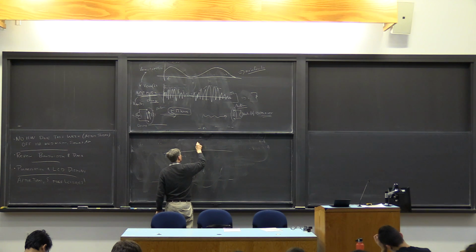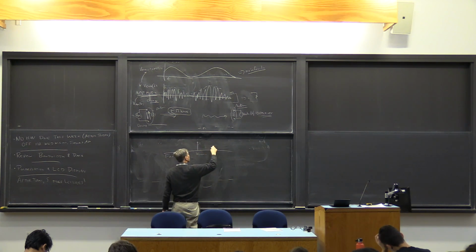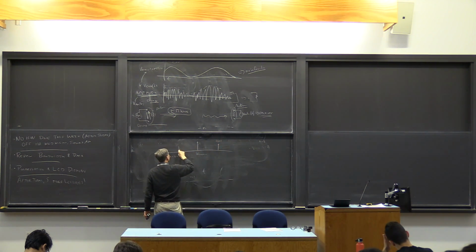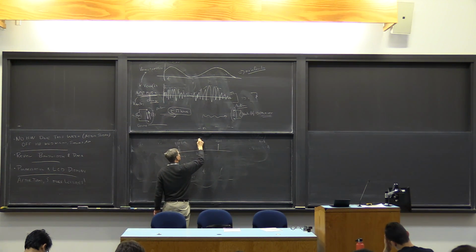And here I had this little arrow that represented my carrier. And after I modulated it, I had a signal at 1001, and I had another signal down here at 999 kilohertz. And this is my original signal at 1,000 kilohertz.